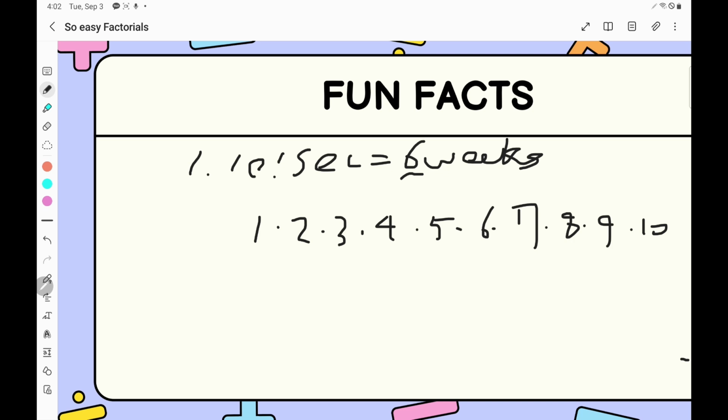Let's work with a day first and then 7 days. So 7 days, and 24 hours, and 1 hour is 60 minutes.